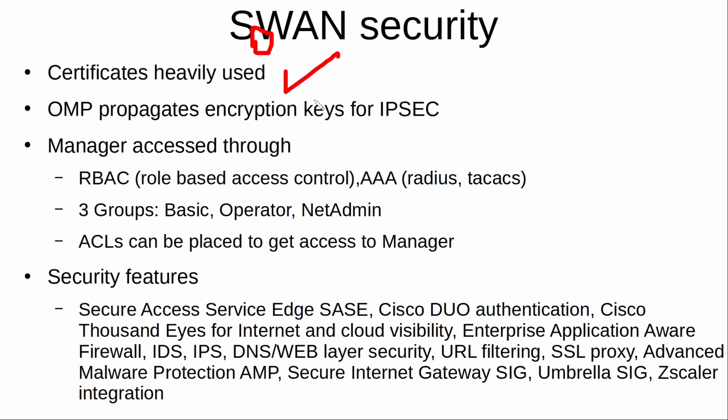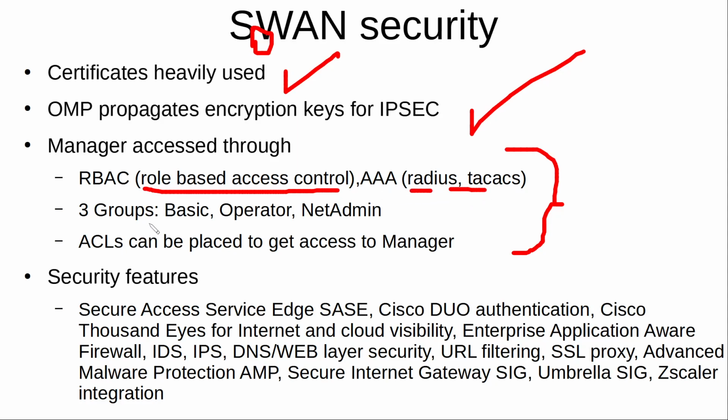Remember that the overlay management protocol propagates encryption keys for IPsec, and that you have several security features for accessing the manager. You have the options of using role-based access control, RADIUS, TACACS. You can have groups in order to manage your manager, and you can set up access control lists. Remember all the security features that you can use with SD-WAN.